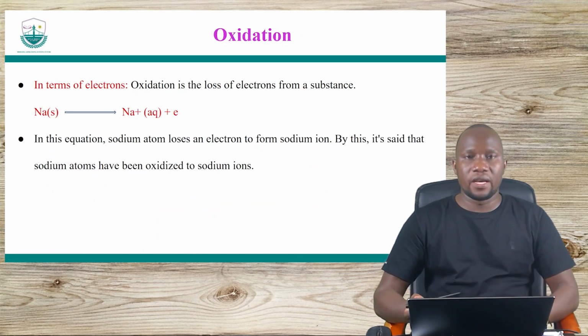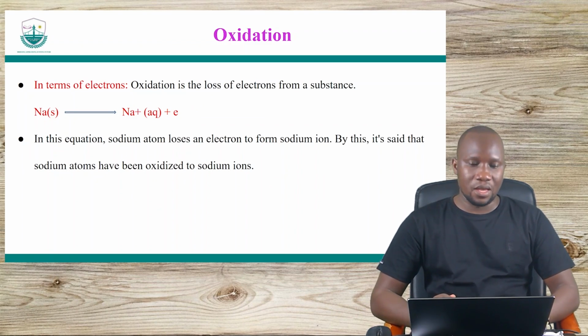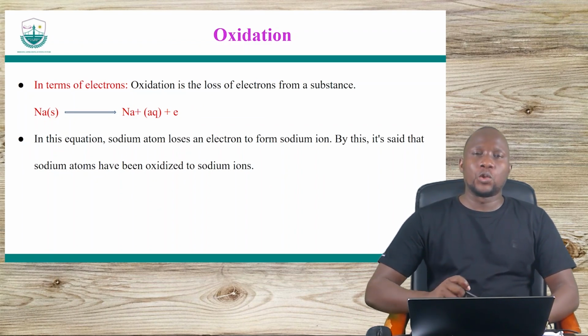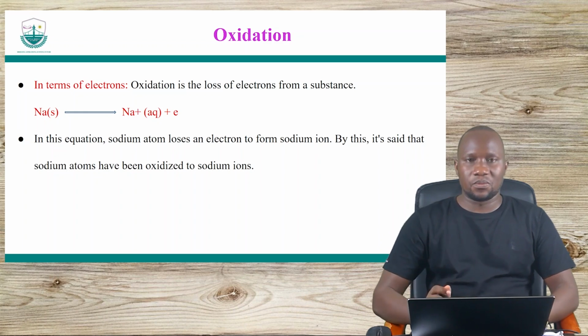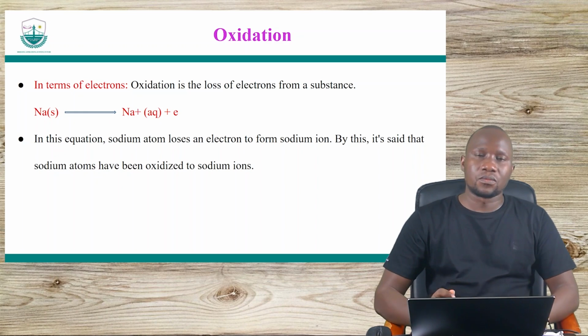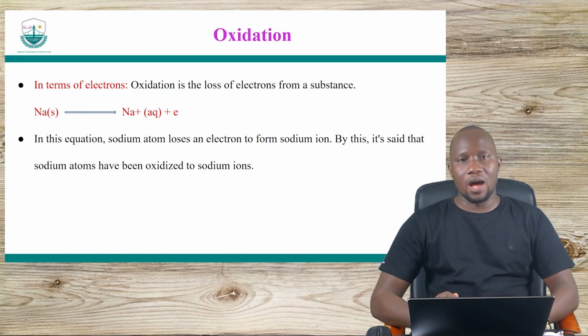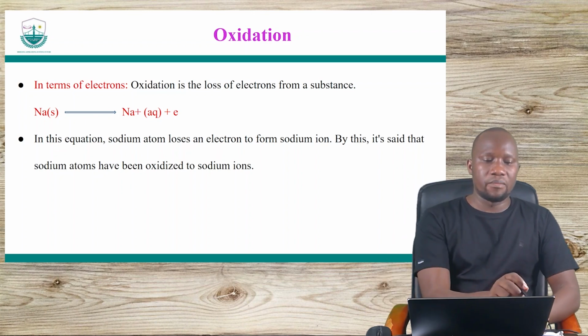So the third way we can define oxidation is in terms of electrons. When electrons are lost, then we will have oxidation. So sodium here is neutral.